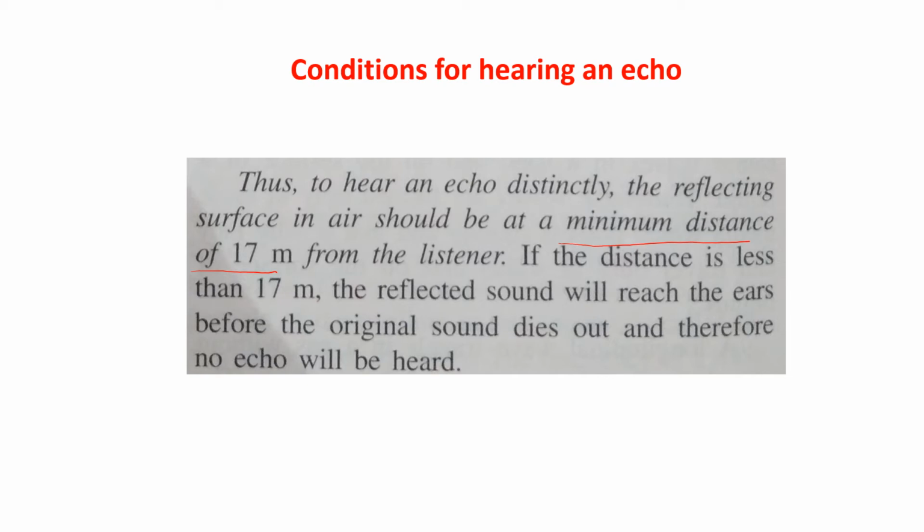If the distance is less than 17 meter, the reflected sound will reach the ear before the original sound dies out, and therefore no echo will be heard. So as I told you, you have to maintain that distance of 17 meter, and then only the sound will reach your ear 0.1 second after the original sound ceased.